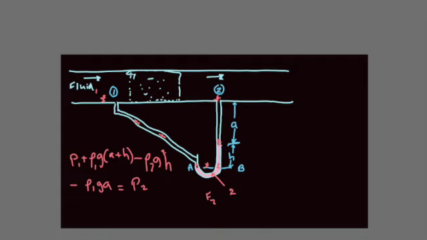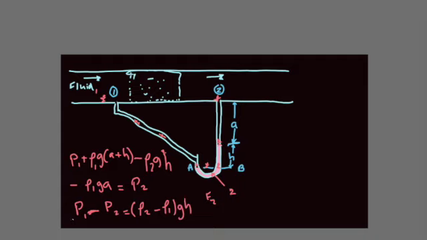And so now if we want to find the difference between the pressure at 1 and pressure 2, we could just cosmetically change this equation to give us P1 minus P2 is equal to, so the portions that have A cancel out, because here is a rho 1 g A, and then here is a minus rho 1 g A, and so that cancels out, and we're left with rho 2 minus rho 1, quantity gravity times height.